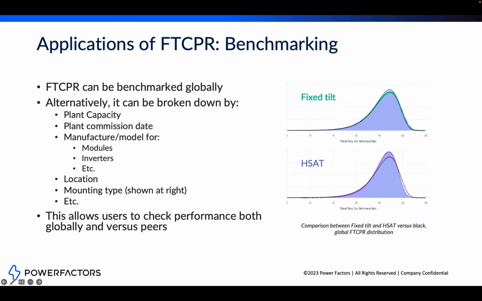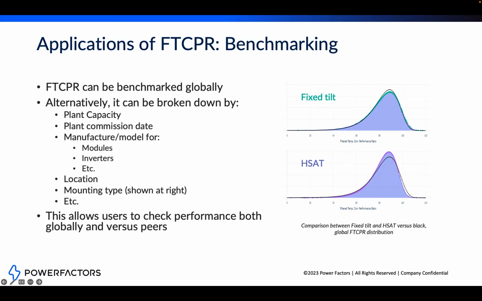Another application of FDCPR is benchmarking. FDCPR can be used to benchmark performance across a number of factors, including plant commission date, manufacturer, model for all assets, including modules and inverters, location, degraded classification state, et cetera. This allows you to check performance both globally and against peers. For example, this is a comparison of fixed tilt and HSAT arrays.